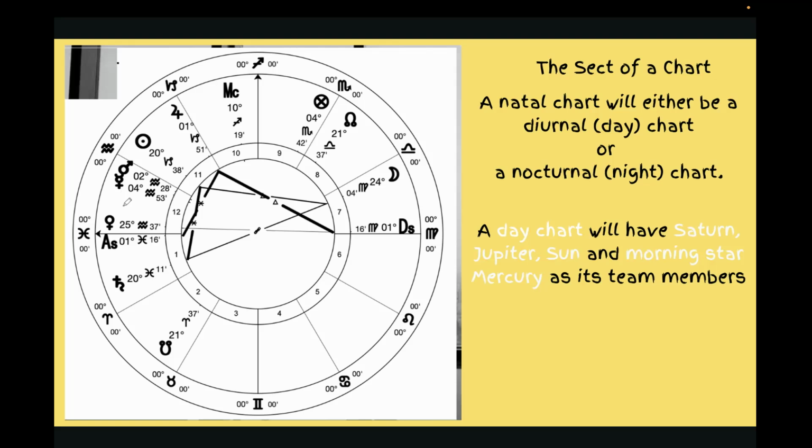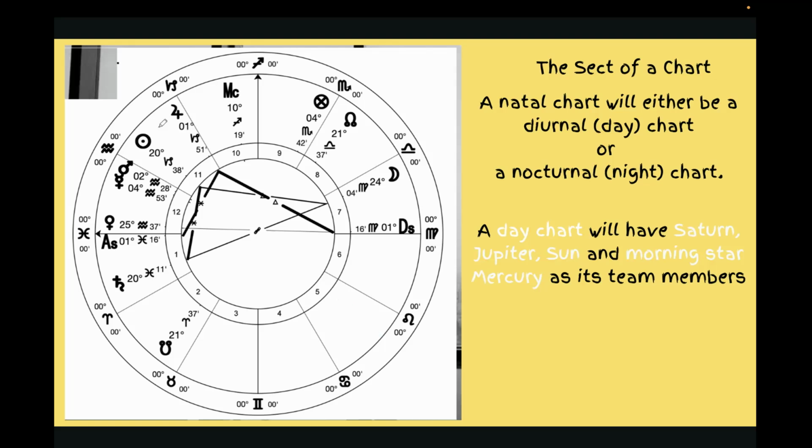All right, how do we tell if Mercury is a morning star or an evening star? You find the sun always, even on a night chart, you still look for the sun. You always find the sun when you want to establish Mercury's status. So here's the sun. Draw an imaginary line again all the way to the other side of the chart.